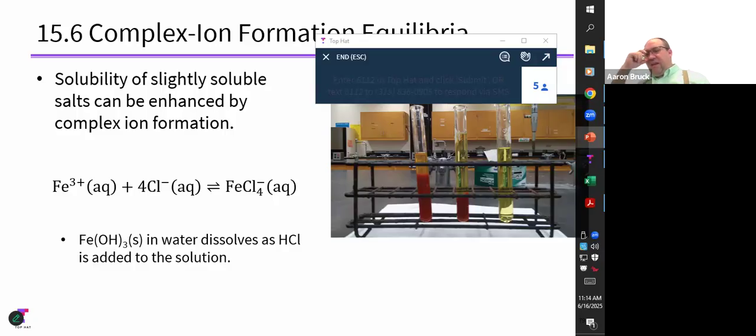But what you can see, and again, you've seen this to some degree in lab already, is that the formation of a complex flies in the face of what our conventional wisdom has been.